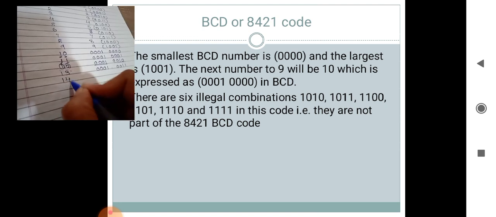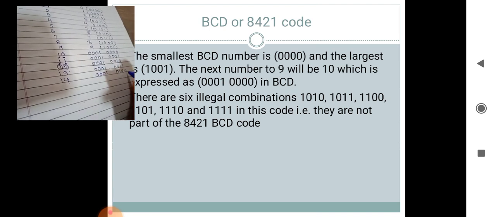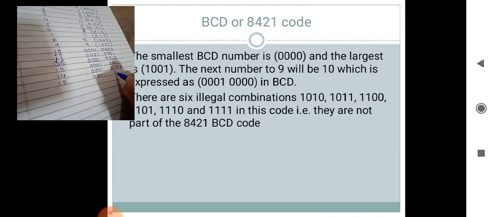For 14 it is 0 0 0 1 0 1 0 0. For 15 it is 0 0 0 1 0 1 0 1.